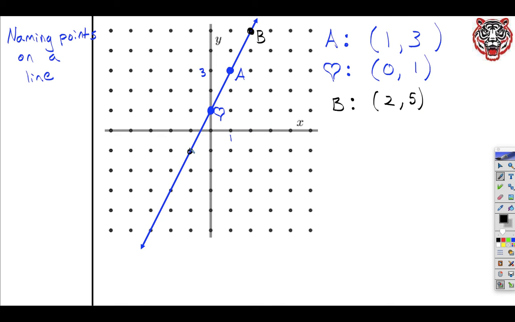But these are some other possibilities. So you know how to name points now.